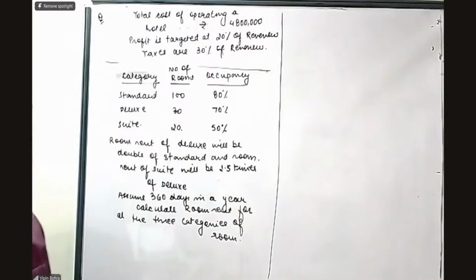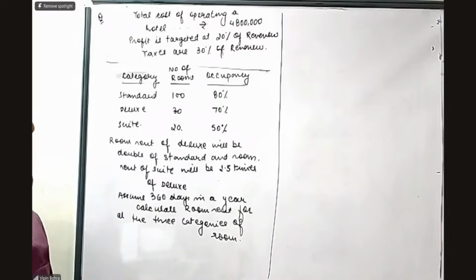So anyways, this is the question. Now we have to calculate the room rent. The total cost of operating a hotel is 48 lakh, wherein the profit is targeted at 20% of the revenue and taxes are 30% of the revenue. There are three categories of rooms: standard, deluxe, and suite. And the number of rooms are 100, 30, and 20. And the occupancy is also given.